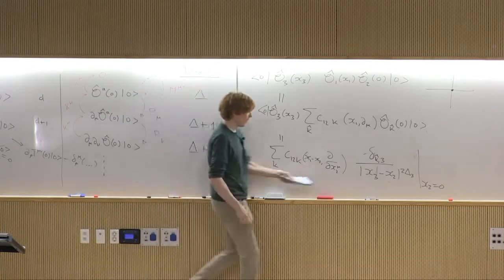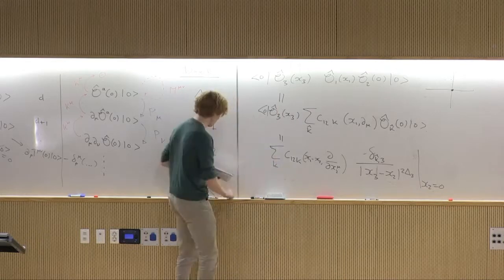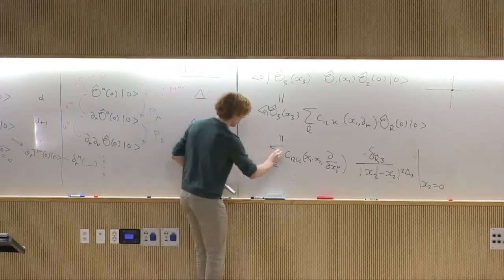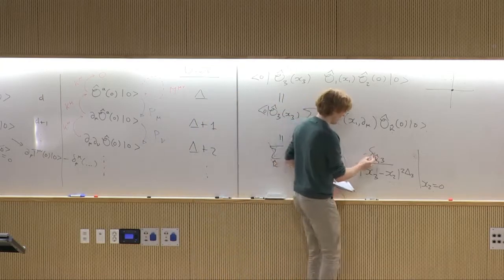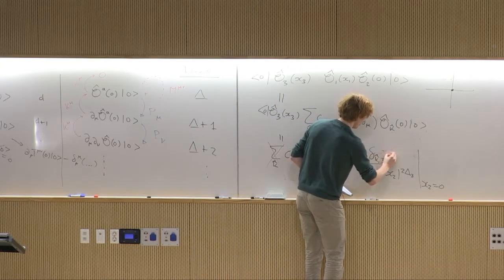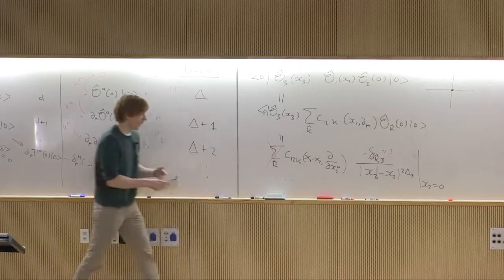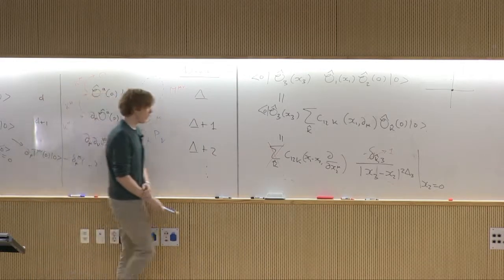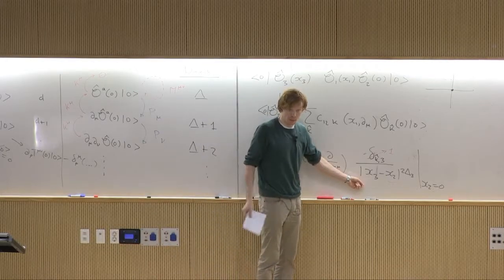Of course, now this delta k hat 3 kills the sum over primaries k hat. The sum goes away, and the delta function just becomes 1. So what we get here is this complicated differential operator that I want to know something about, acting on the two-point function.